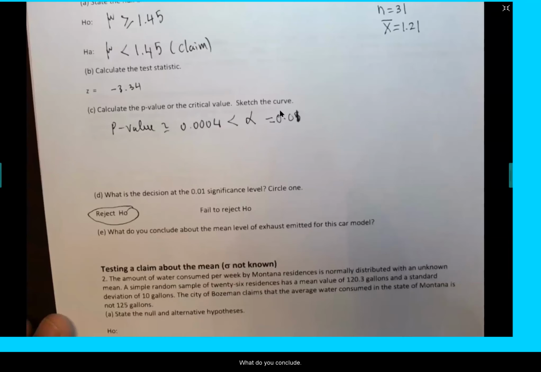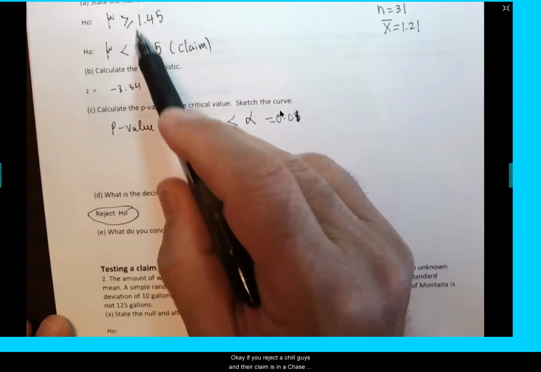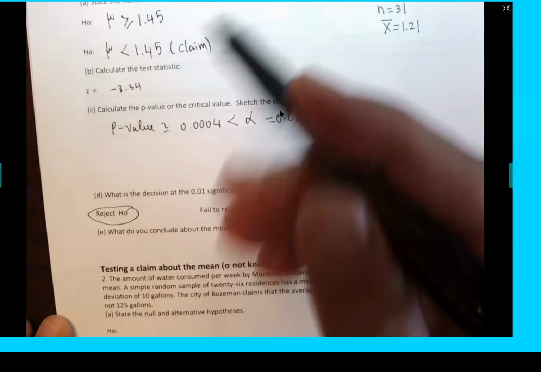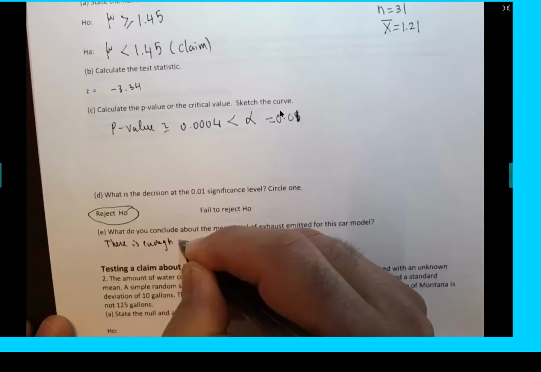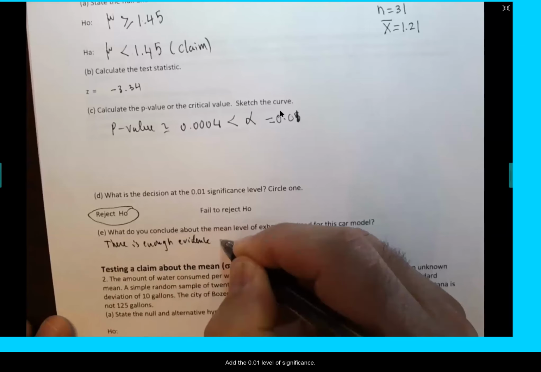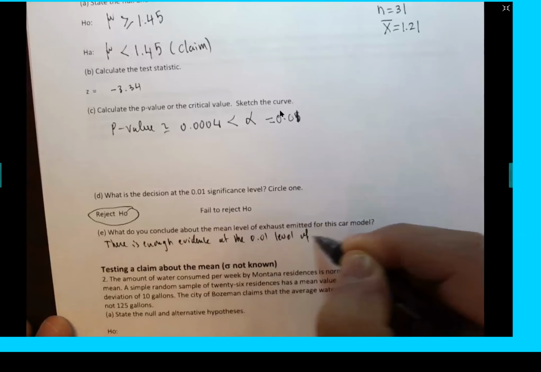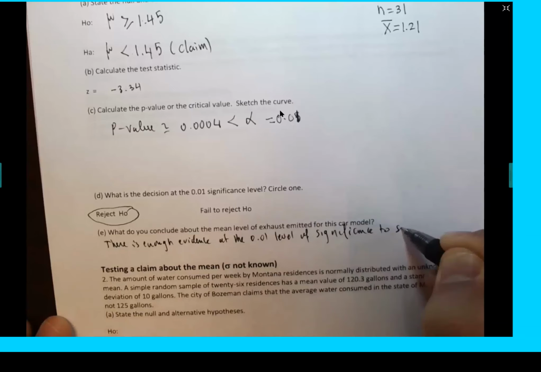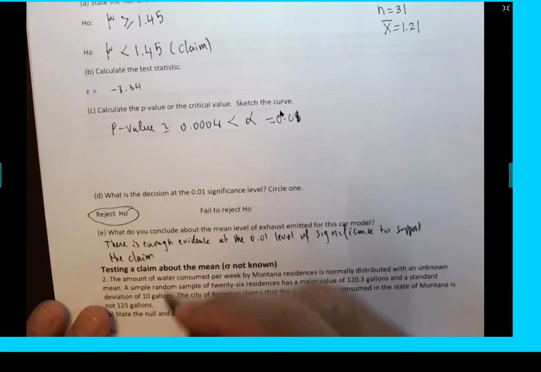What do you conclude? Okay, if you reject H0, guys, and the claim is in HA, you support the claim. There is enough evidence at the 0.01 level of significance to support the claim by the car manufacturer.